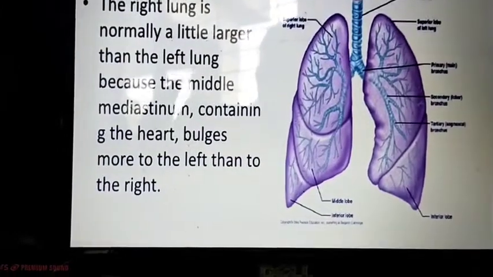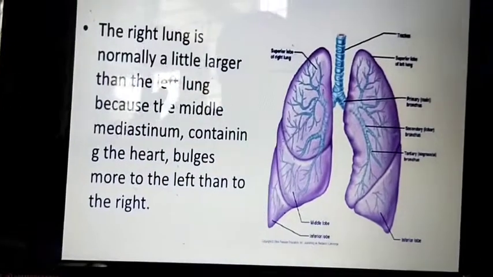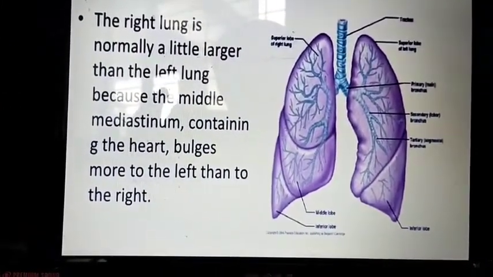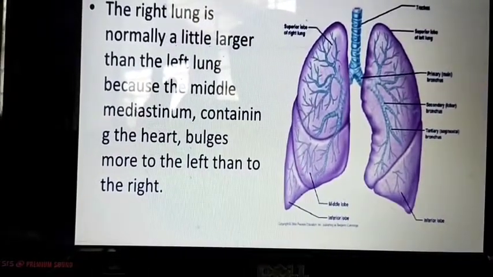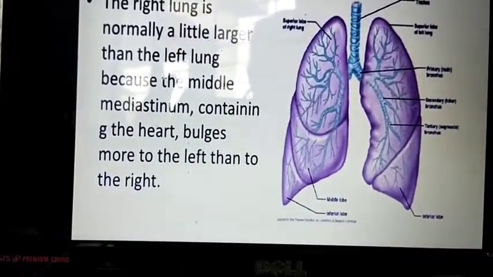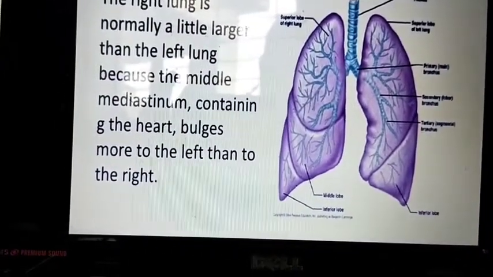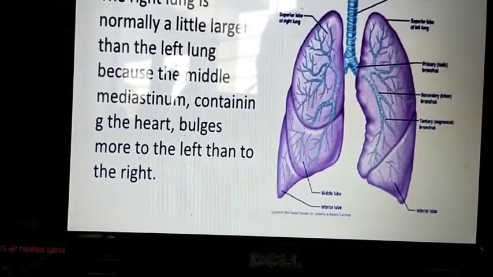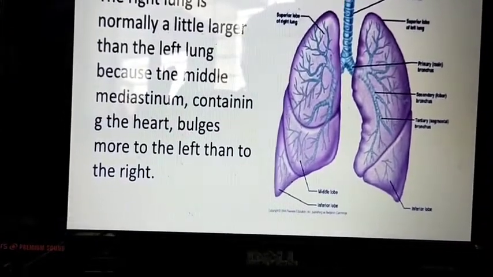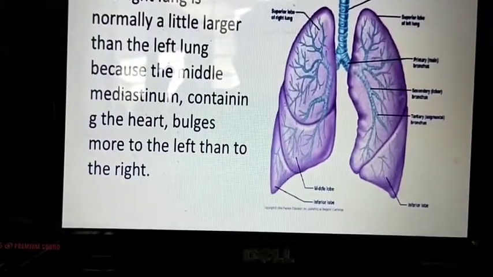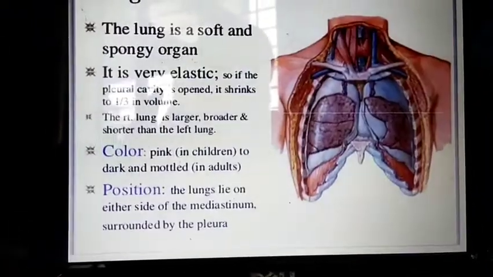The right lung has less impression compared to the left lung, because the heart is situated more towards the left side. Because of that, the right lung is larger than the left lung, and it has three lobes, while the left has only two lobes.